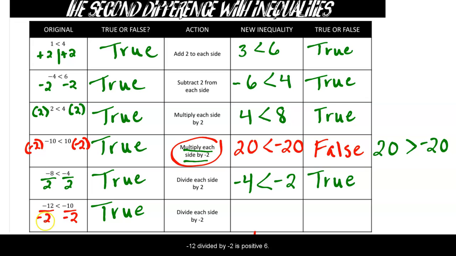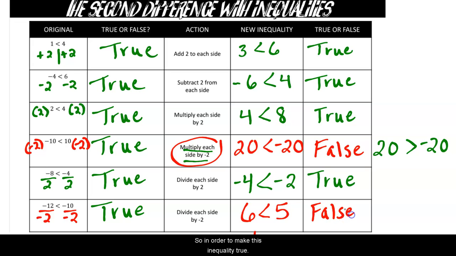Negative 12 divided by negative 2 is positive 6. Negative 10 divided by negative 2 is positive 5. The inequality sign that we had here was less than. So notice what happened here. 6 is less than 5. Is that true or false? Of course, that is false.